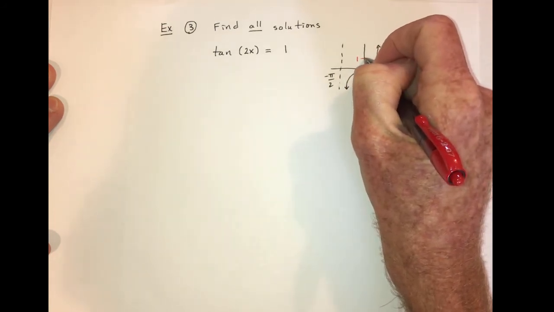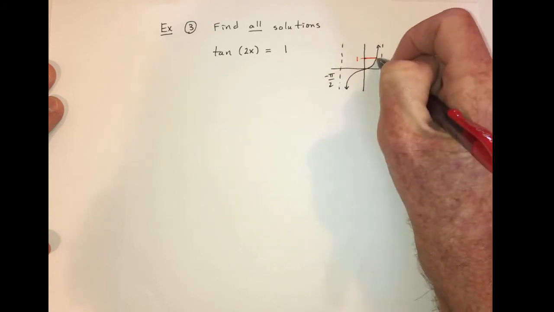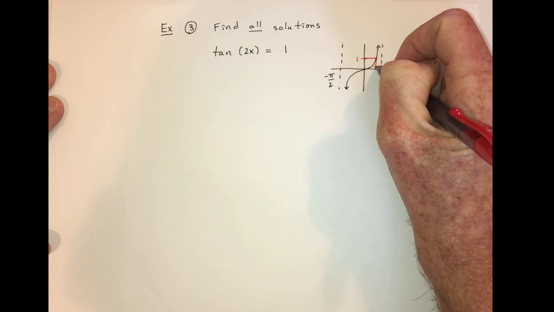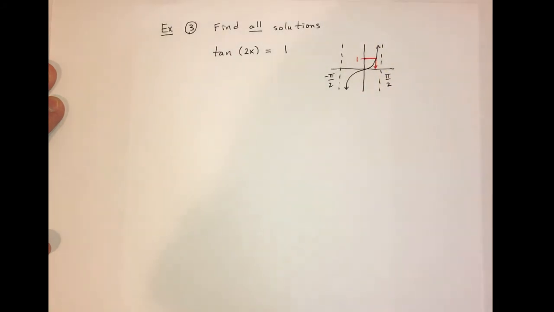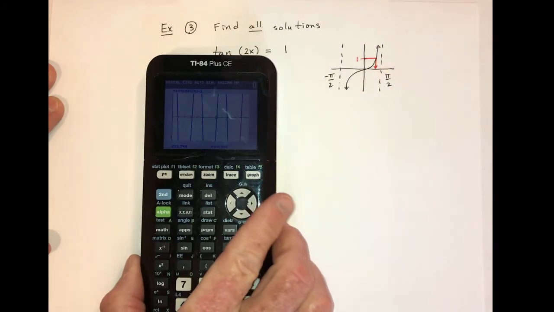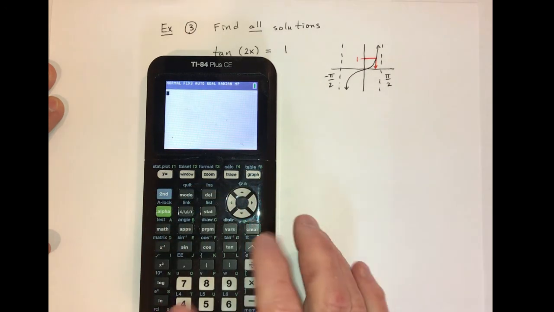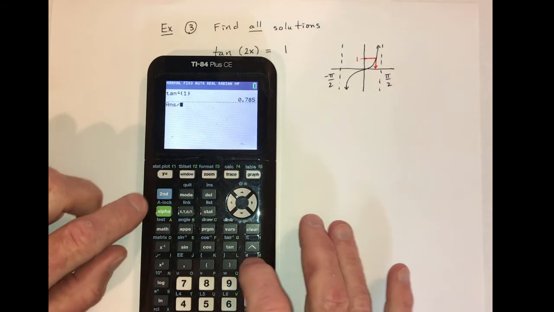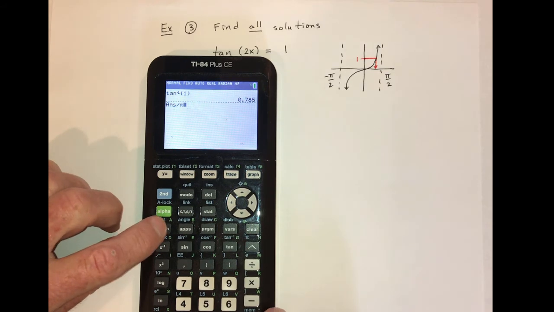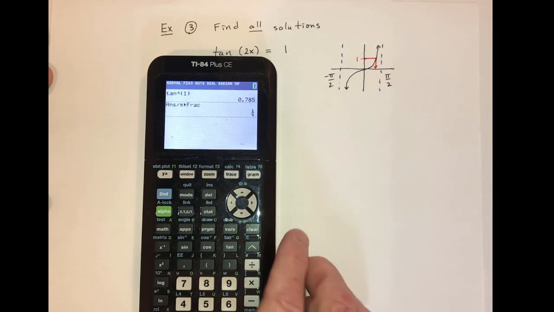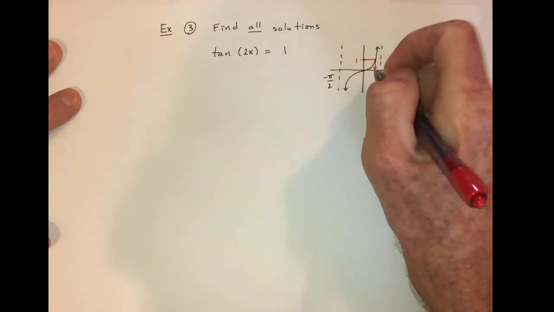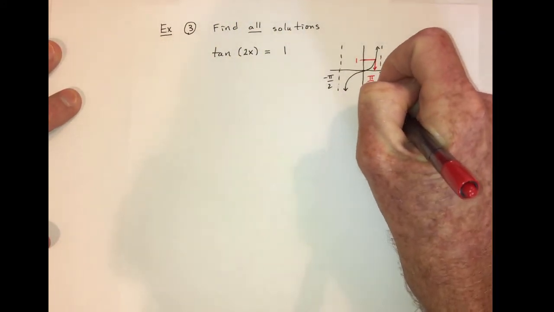So the tangent inverse, its job is it goes across, hits the tangent function, it goes down, and then tells you what value makes tangent equal to 1. So tangent inverse of 1, and then that is pi over something. Divide that by pi, change it to a fraction, and it's 1/4 of pi. So that means this is pi over 4.